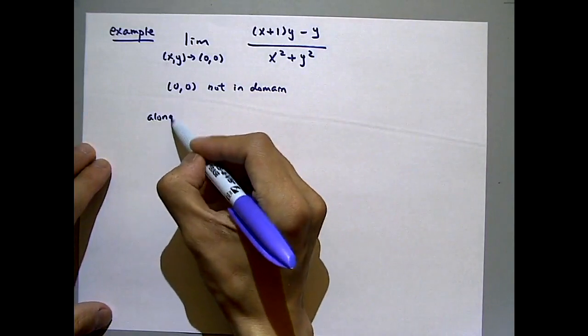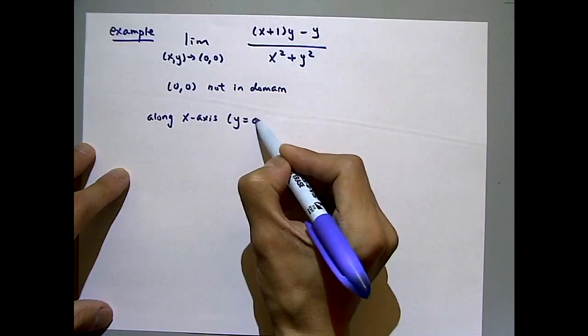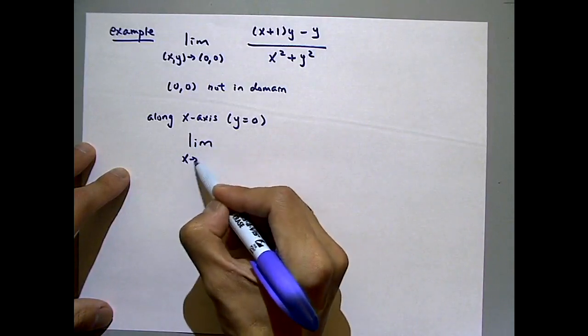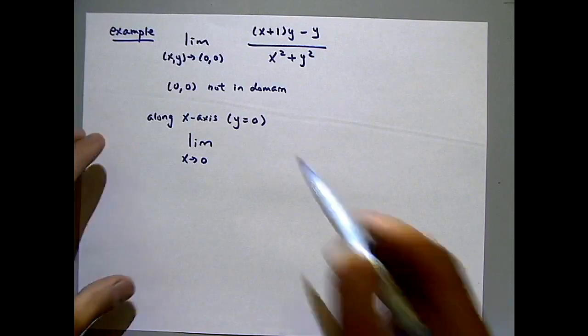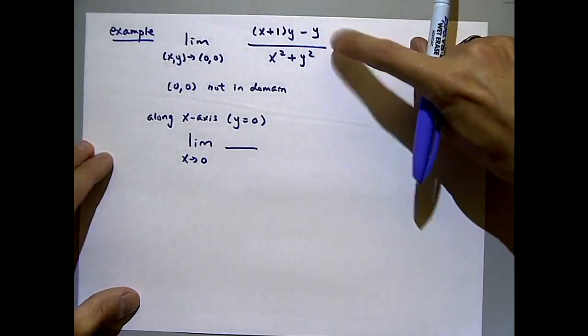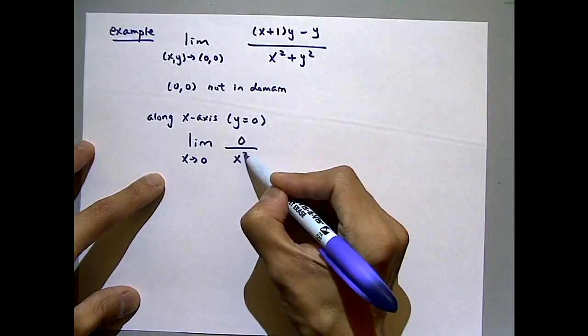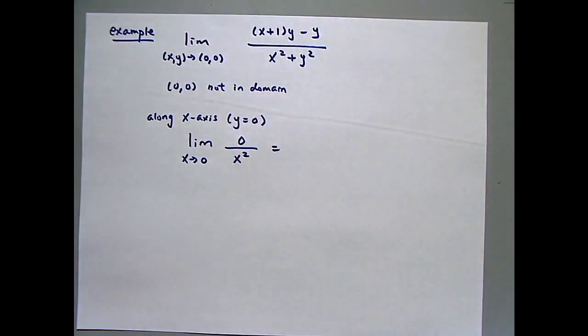Okay, following the same procedure here, let's go along the x and y axes again. Along the x-axis means y is constrained to be 0, and we allow x to be free but go to 0. So this limit becomes 0 up here, x squared downstairs. And what do we get? 0.